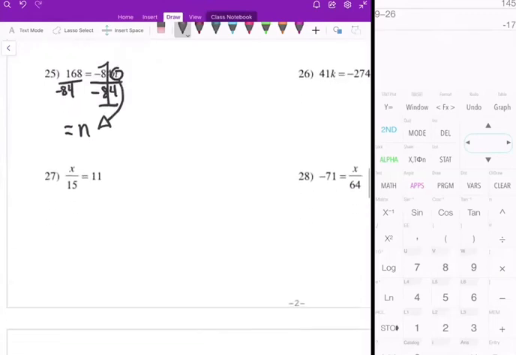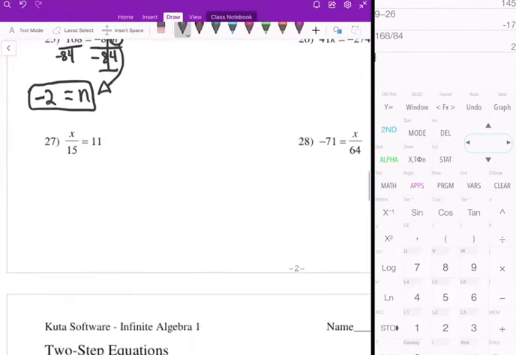And equals 168 divided by negative. So let's do 168 divided by 84. And it's 2. Look at that. But since it's a negative 84, it's going to be negative 2 as your answer. That's how you do that one.